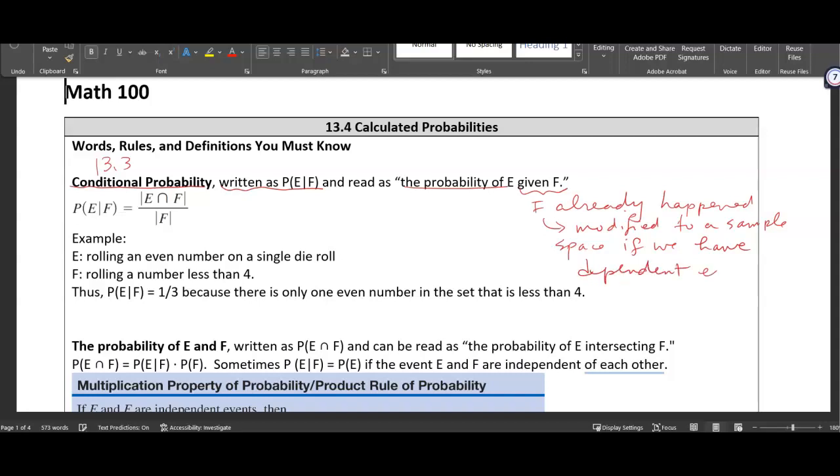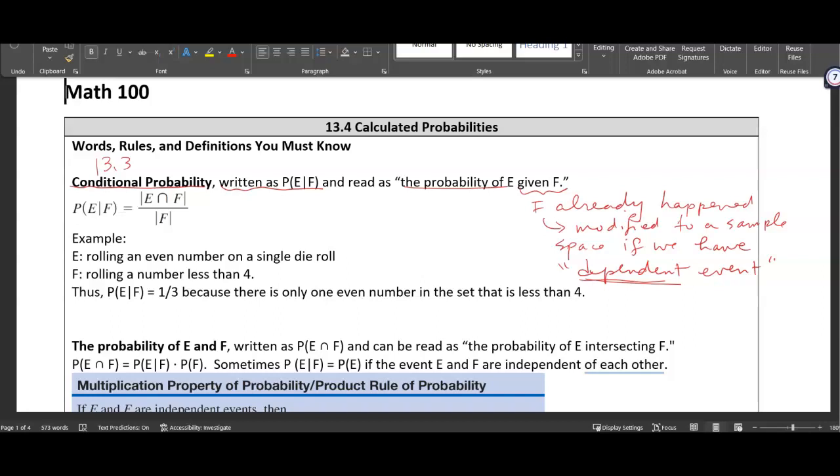A dependent event means one event affects the sample space of the other event. If it doesn't affect the sample space, the whole possible outcomes, then it is an independent event.